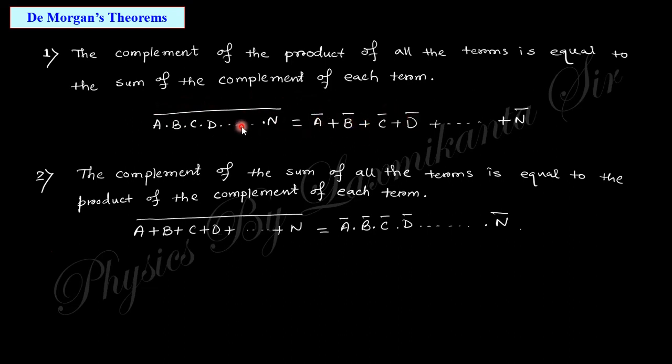The opposite is that the complement of the sum of all terms is equal to the product of the complement of each term. So this is De Morgan's theorem.